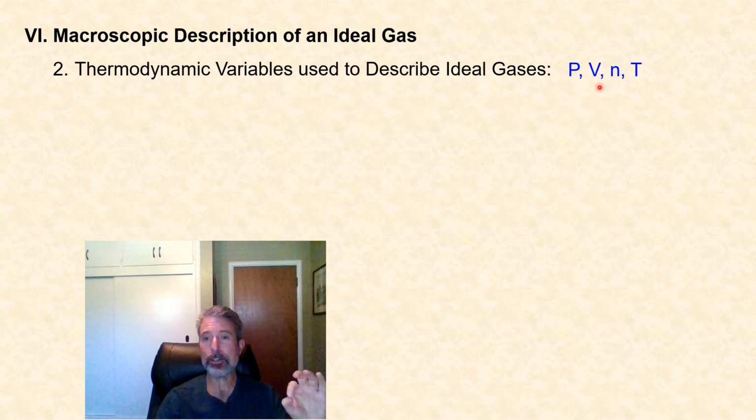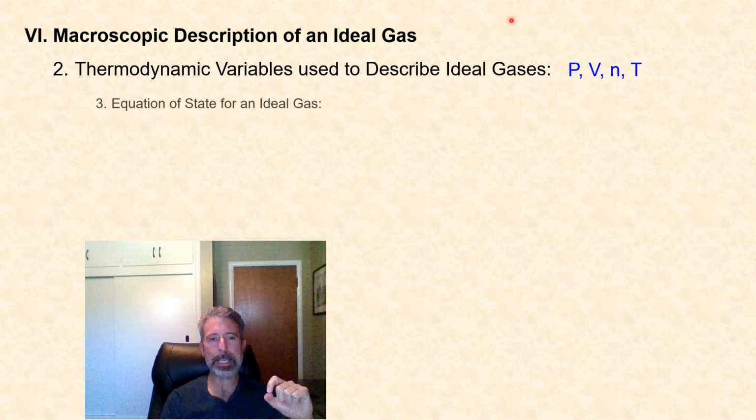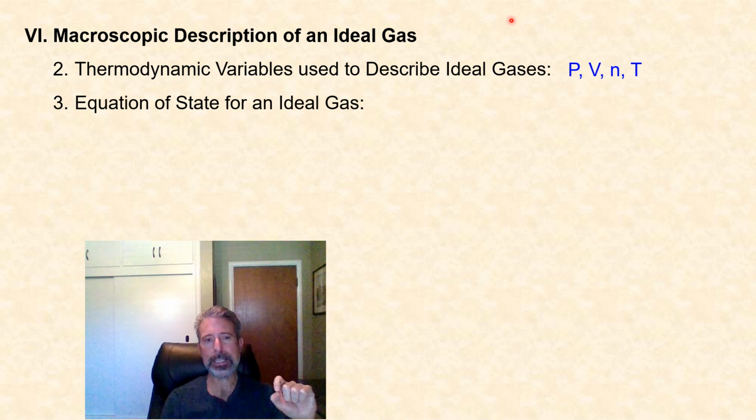Then maybe you talked about the relationship between the pressure and temperature of the gas, Gay-Lussac's law. So you talked about these three independent relationships in the beginning, and then you put it all together and came up with your ideal gas law. And you might have thought way back then, hey, why didn't we just start here, since the ideal gas law really contains all of those three other relationships? Well, that's going to be our approach. We're not going to spend the time to talk about all of these other relationships. We're just going to get to the meat and go straight to the ideal gas law.